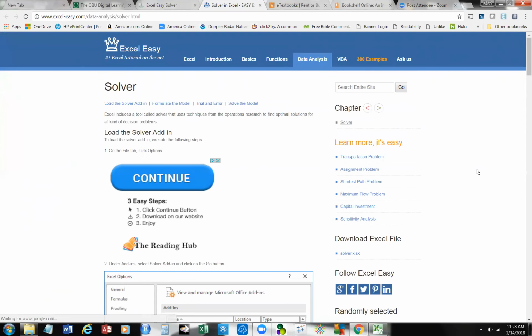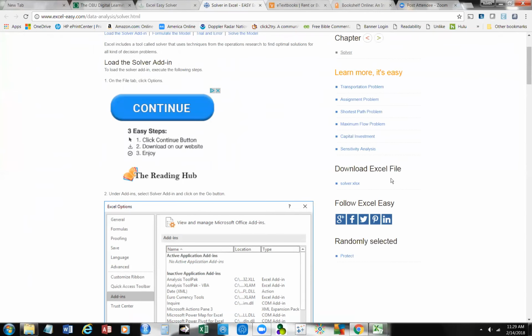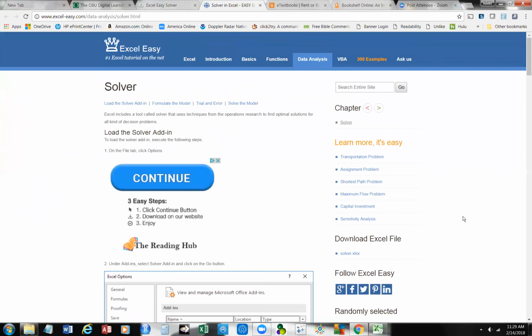and this will walk you through different types of problems. Notice we have a transportation problem, also known as Northwest Corner. No, pardon me, this is the Northwest Corner method problem, a shortest path, an assignment problem, maximum flow, capital investment, sensitivity analysis. You can see there are all types of problems that this is useful for.